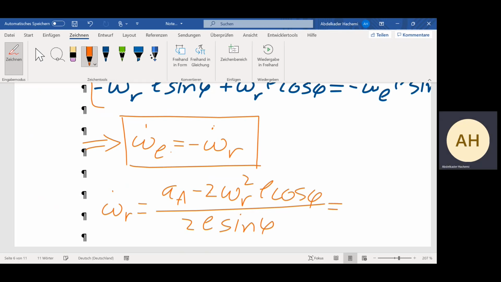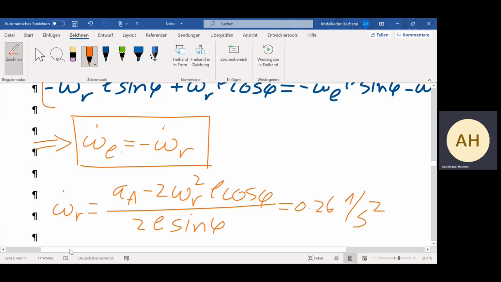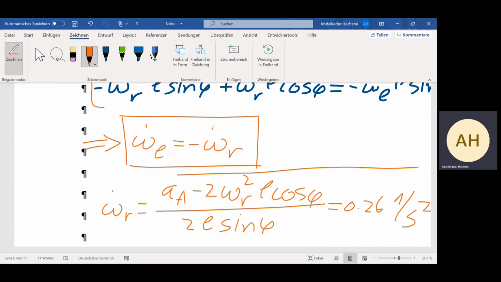And this will be equal to 0.6, 1 divided by secant square. This is now the angular acceleration.